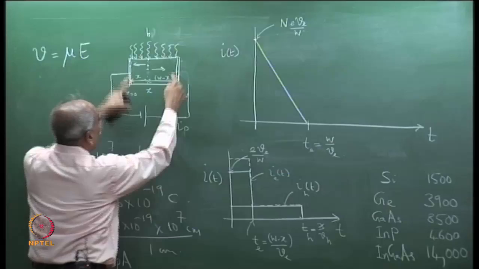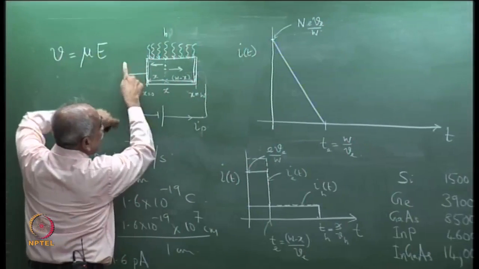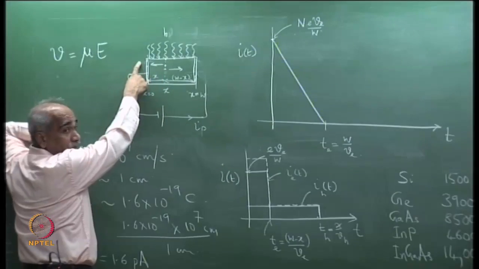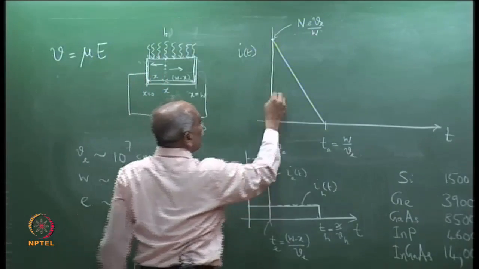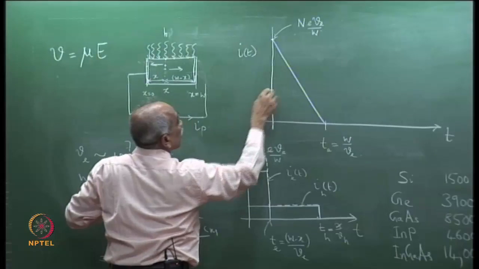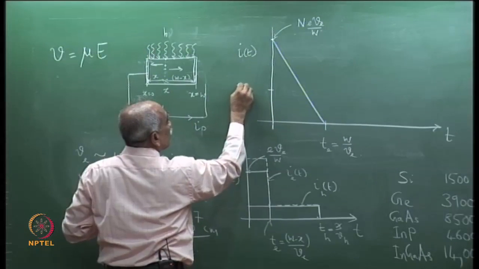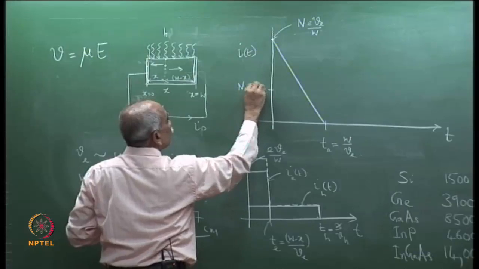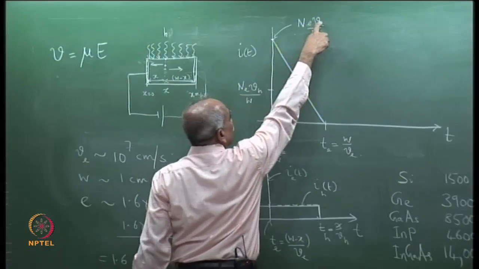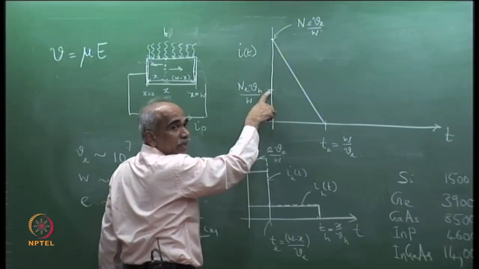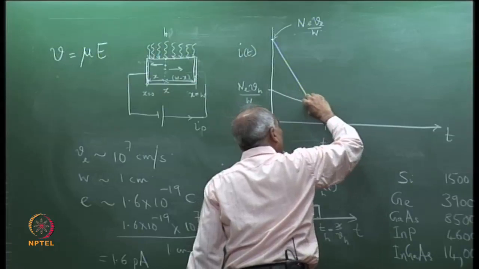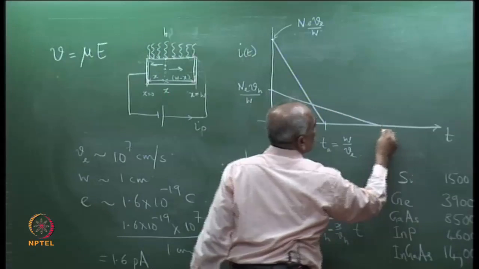Similarly, the hole current: holes which are generated here are immediately collected, but the hole which is generated here has to travel all along, and therefore, it will vary from a smaller value here. I am taking a smaller value. Why? Because the hole current is n e V_h divided by W. V_h is smaller than V_e, therefore, it starts somewhere here, and then it will continue for a duration which is up to this.